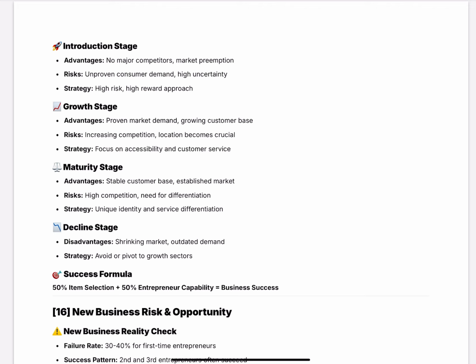The introduction stage is when a business concept is new to market. The advantages here are significant. You face no major competitor. You can achieve market preemption. And if successful, you can establish yourself as the category leader.